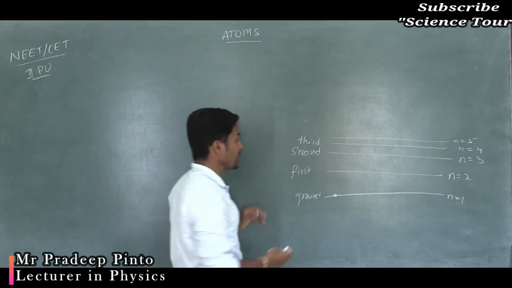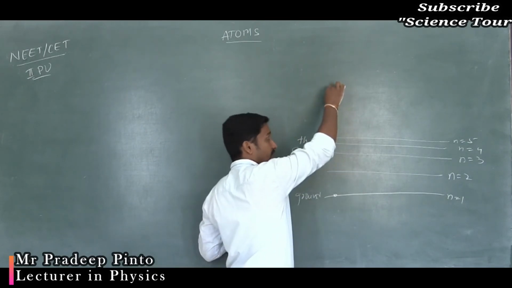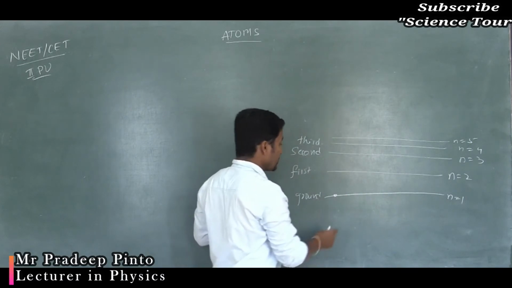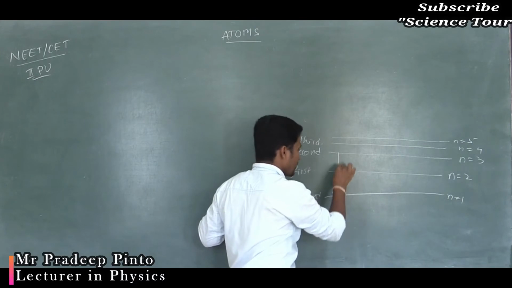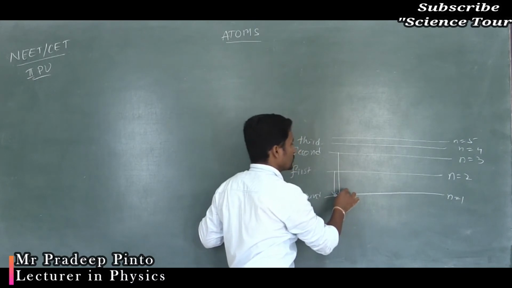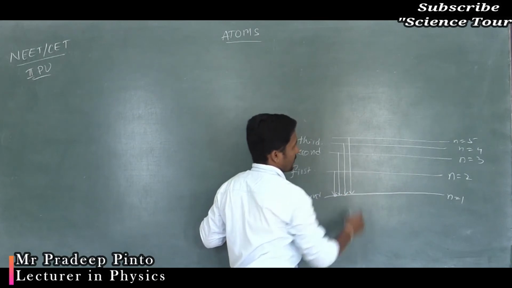Now this electron absorbs the energy, goes somewhere and comes back. It may come from n equal to 2, from n equal to 3, from n equal to 4, or from n equal to 5.